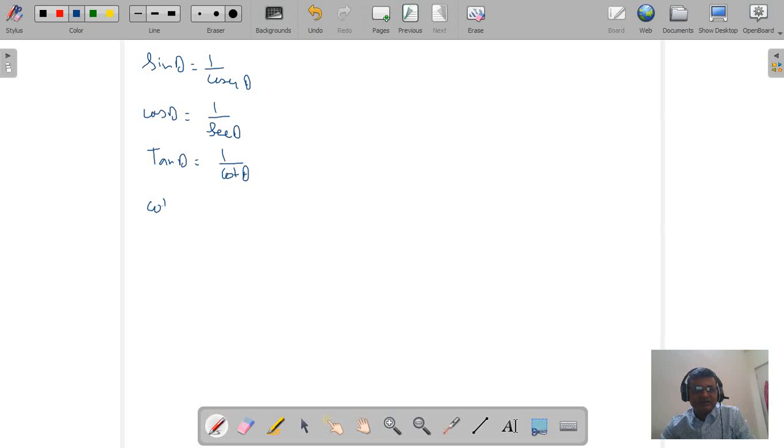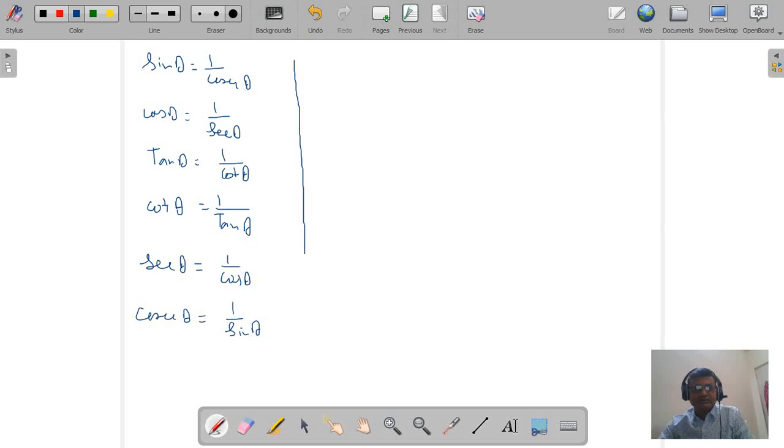Now cot theta is equal to 1 upon tan theta, and sec theta is equal to 1 upon cos theta, and cosec theta is 1 upon sin theta.